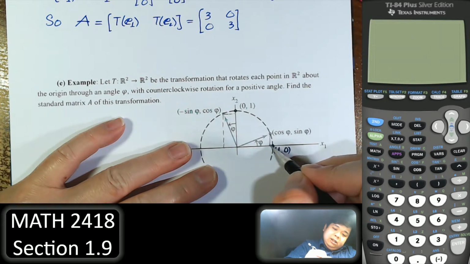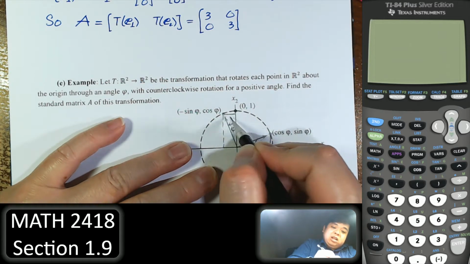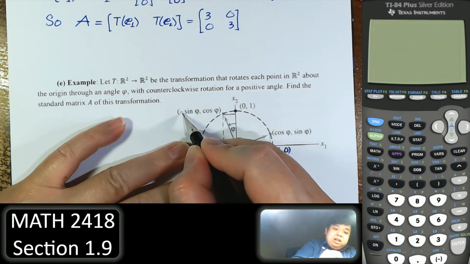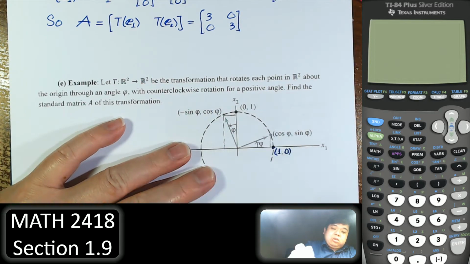This is sine theta, it will be the same length, but this is on the left side, so it is negative sine theta, and then this is cosine and that is cosine.